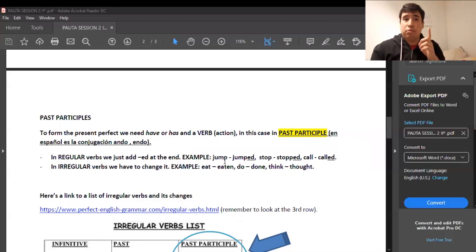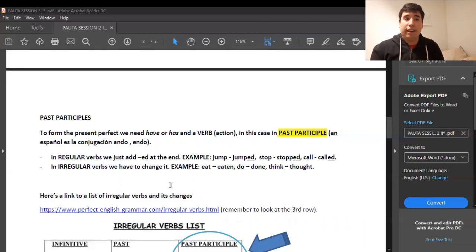Okay, so for example, we have jump, which is the base form of the verb. We add ed, jumped. Another example, we have stop. We need to add ed, stopped, and that's the past participle form. Remember that when we add ed, we have certain spelling rules that you can look up on the internet.